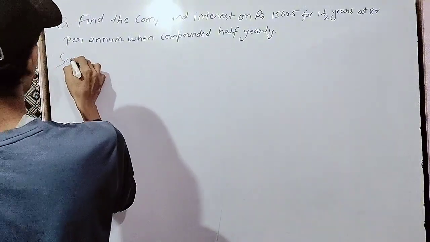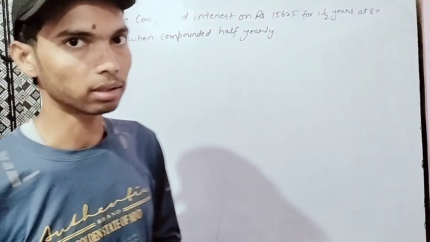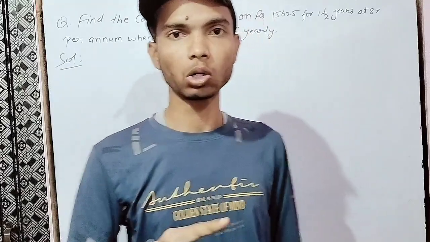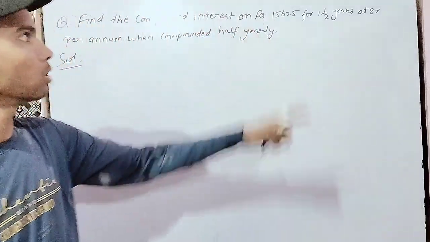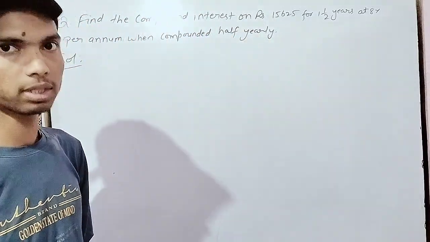This is the question. Now here there is a twist of time. It is saying to find the compound interest on rupees 15,625.